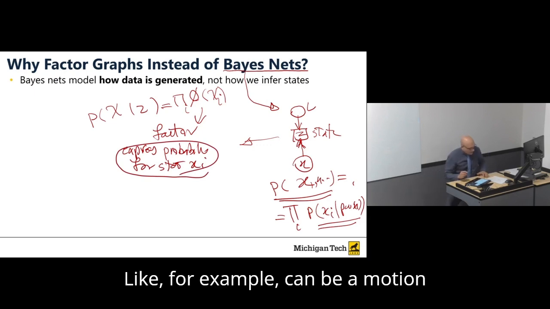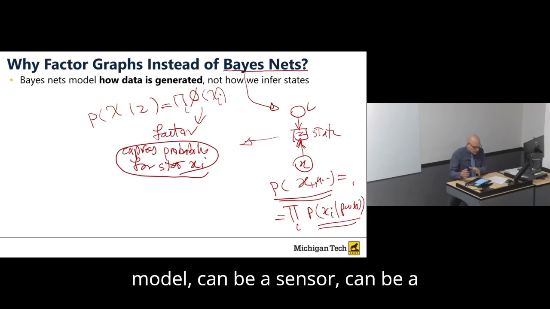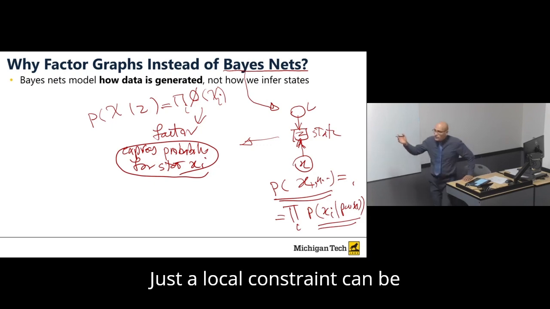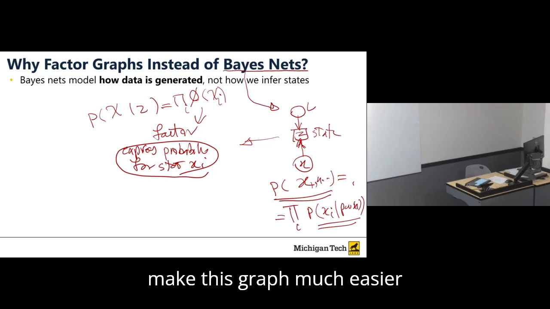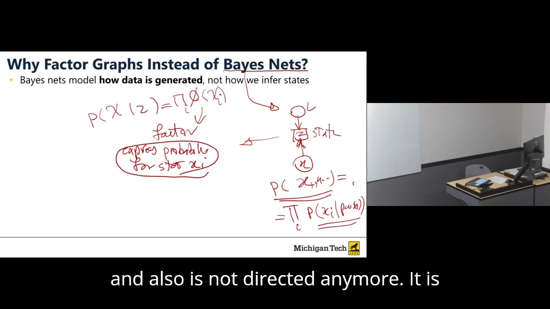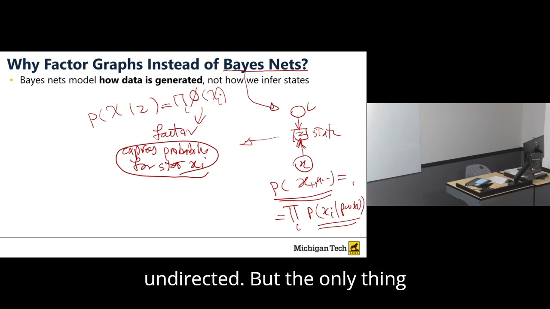For example, it can be a motion model, a sensor, a local constraint, anything. And this makes the graph much easier, and it is also not directed anymore, it is undirected.